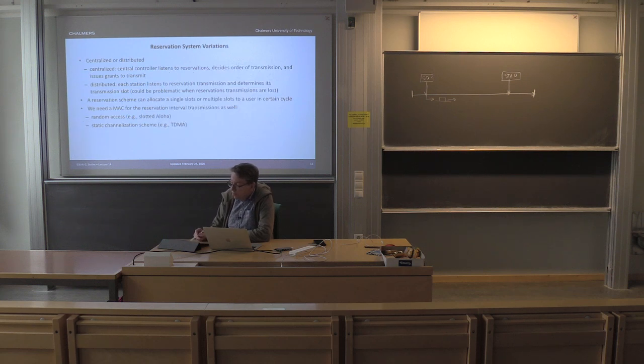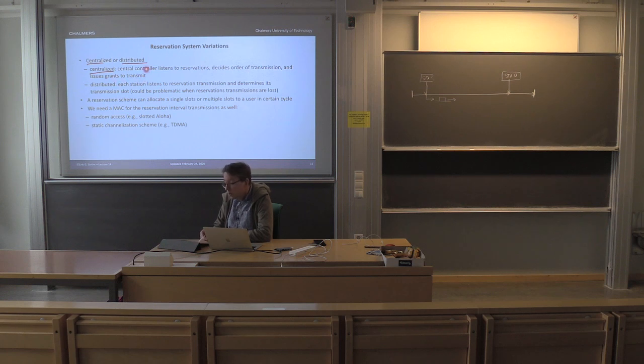Reservation systems come in many different variations. First of all, we have the centralized and distributed ones. Centralized is when we have a central controller that takes care of everything. It listens to the reservation slots, decides in which order these users will be allowed to transmit, and then issues a grant or a schedule for transmitting.